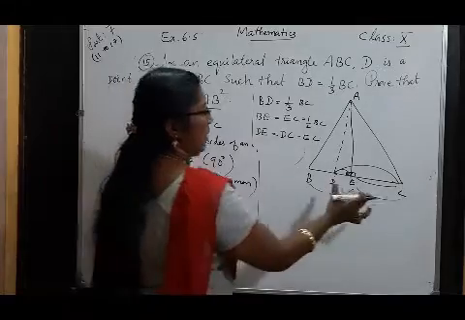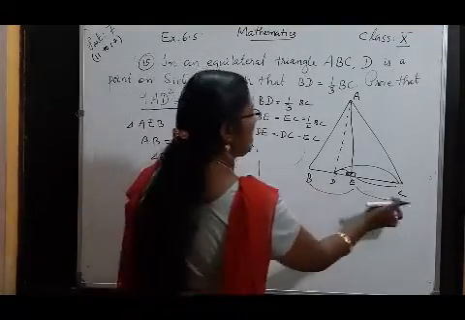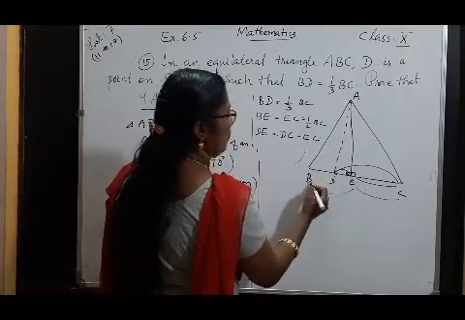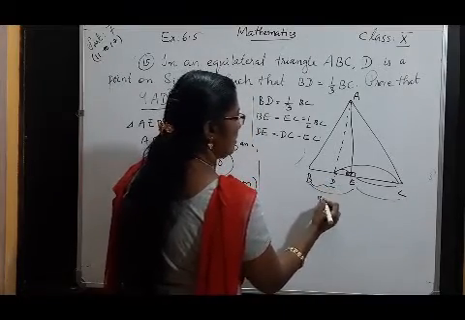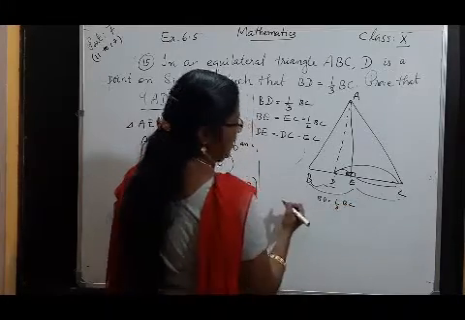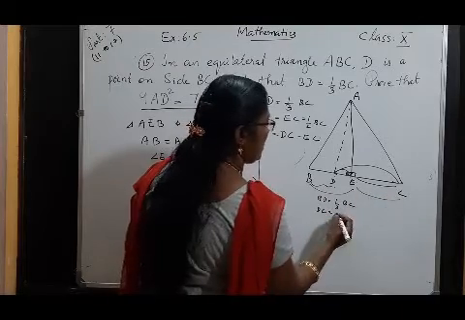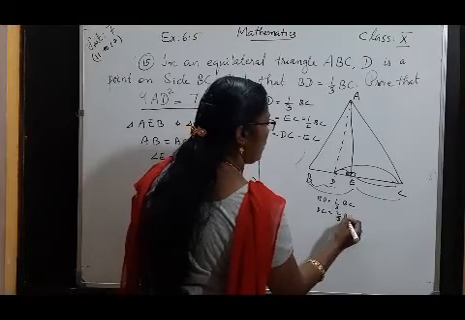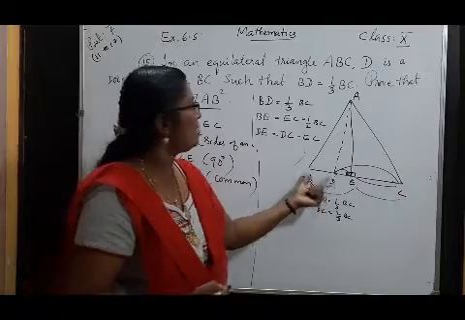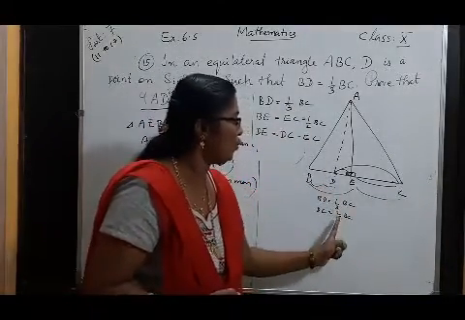Okay. DE equals DC minus EC. What is DC? BD is 1/3 of BC. So what about DC? DC is the remaining 2/3 of BC. BD is 1/3 of BC, the remaining DC equal 2/3 of BC.